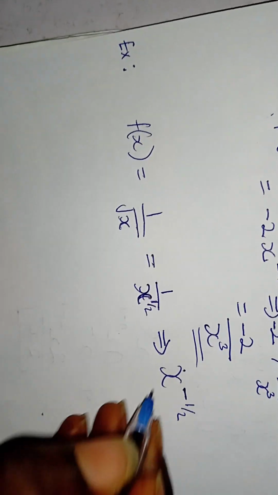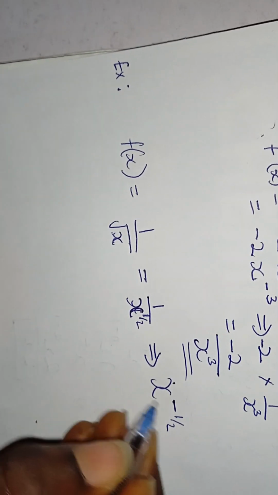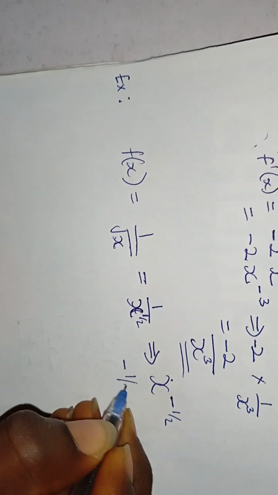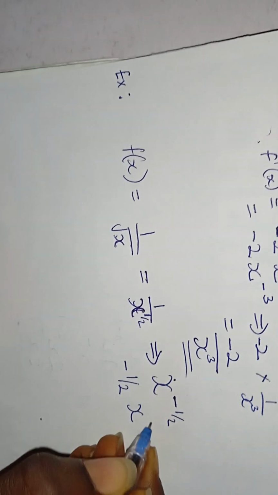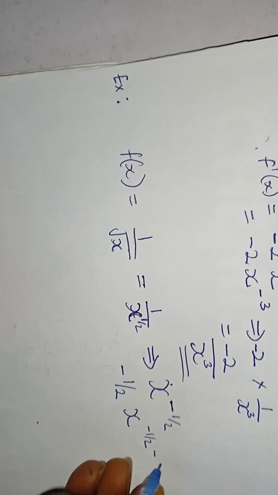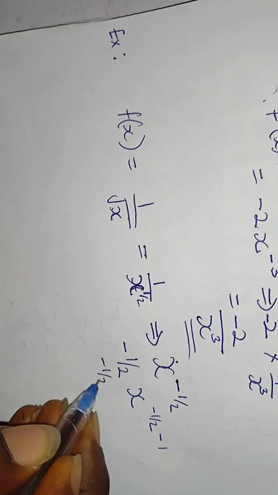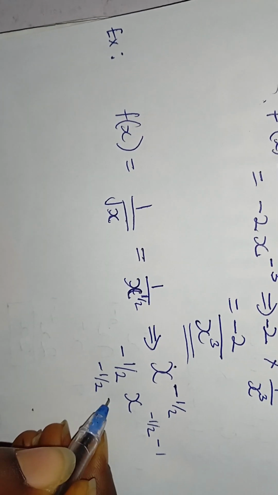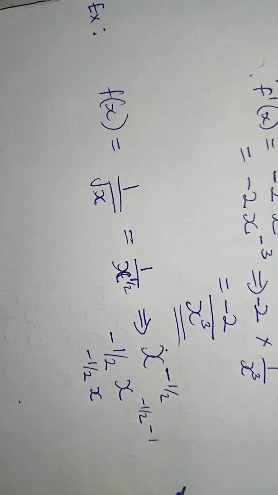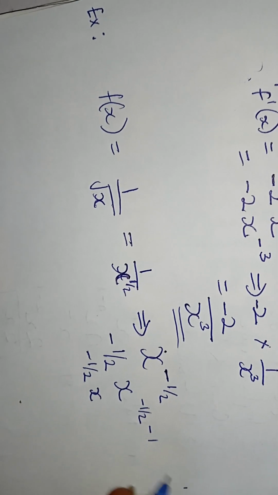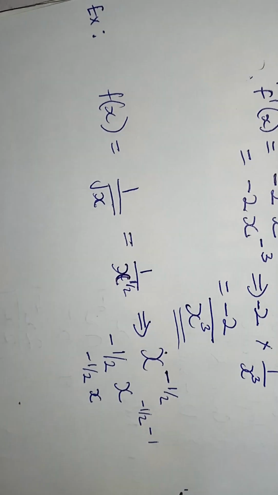So if you know the power rule, carry this thing that I have here and put it as the coefficient. So this becomes minus 1 over 2, then x, and subtract 1 from the power. 1 is the same thing as 2 over 2 or whatever, but let's do it the way you understand. 1 is the same thing as 1 over 1.